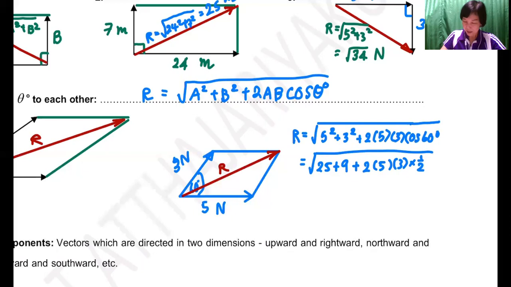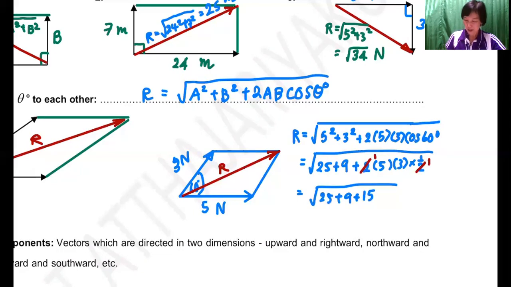And the 1 half here, we can cancel with the 2 in this term. So our result will be the summation of these terms: 25 plus 9 plus 5 times 3, which is 15.